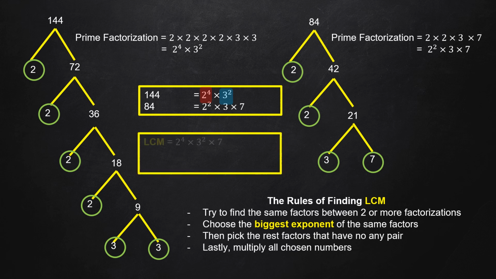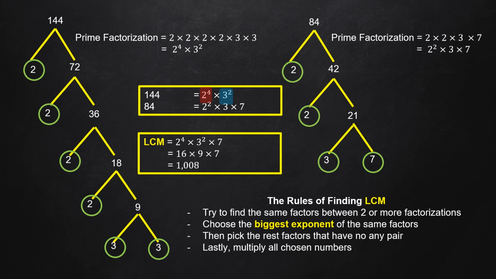Lastly, multiply all chosen numbers. I have marked it here with the red and this with the blue, and this one joins here. As you can see, the LCM of 144 and 84 is 2 to the power 4 times 3 squared times 7.